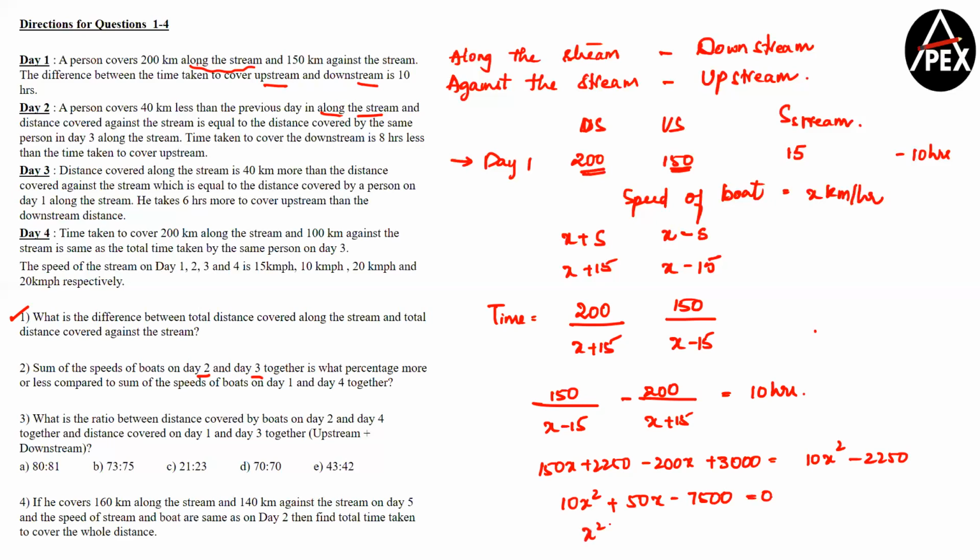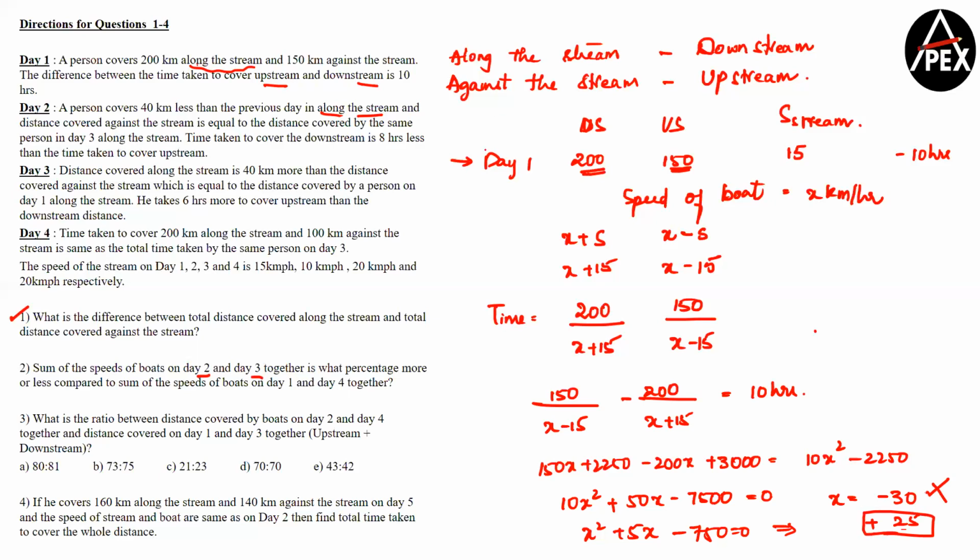So x square plus 5x minus 750 is equal to 0. If you solve this quadratic equation, you will get x is equal to minus 30 or 25. We know that speed cannot be negative, so we can eliminate this. So the speed of boat on day 1 is 25.